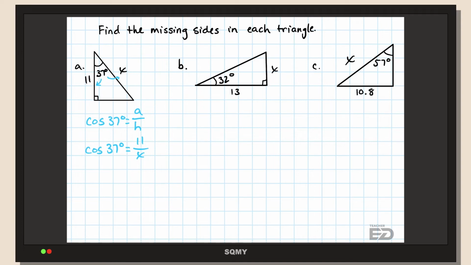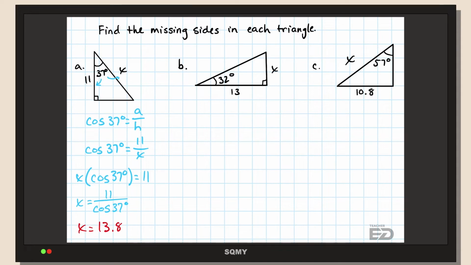If we multiply both sides by x, that gives us x times cosine 37 degrees is equal to 11. Now we can divide by cosine 37 degrees. That gives me x equals 11 divided by cosine 37 degrees. If we put that in our calculator, you will come up with the answer, x is equal to about 13.8.